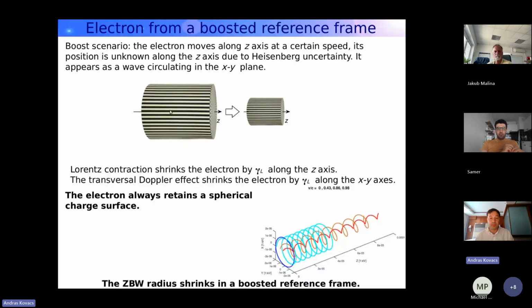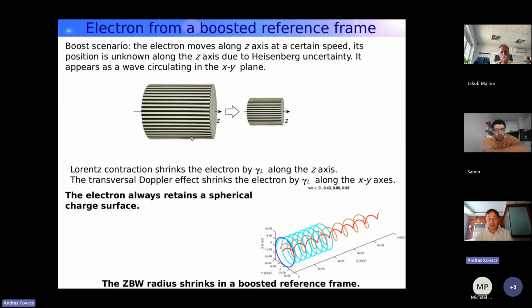When you look at it from a boosted reference frame, two effects happen. The first effect is that Lorentz contraction shrinks the electron by gamma L along the z-axis, where gamma L is the Lorentz boost factor. But there is a second effect: a transversal Doppler shift.